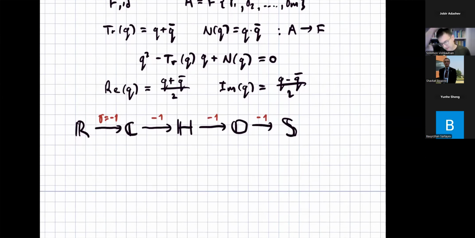And we double the dimension, as I said. So C is a two-dimensional algebra over the reals, and the real quaternions are four-dimensional, etc.